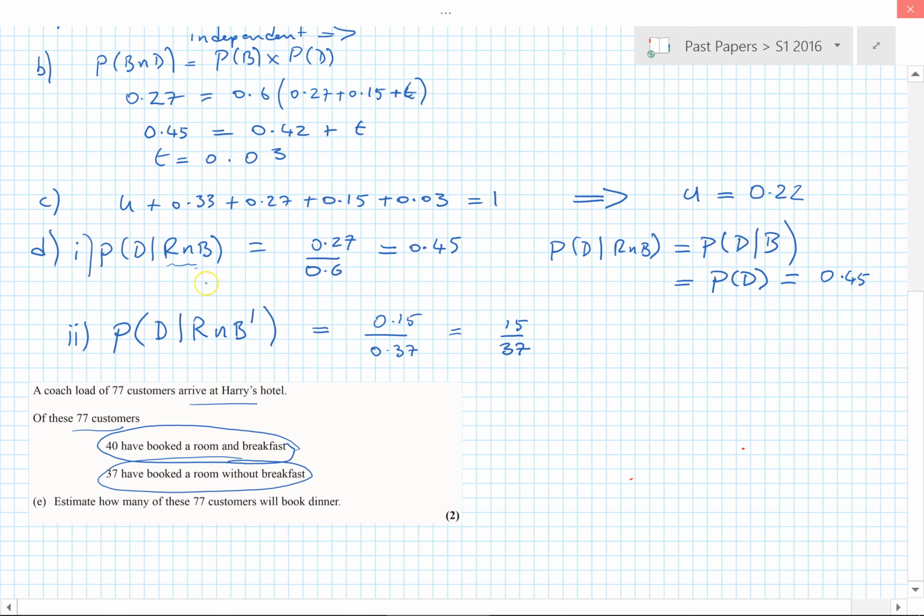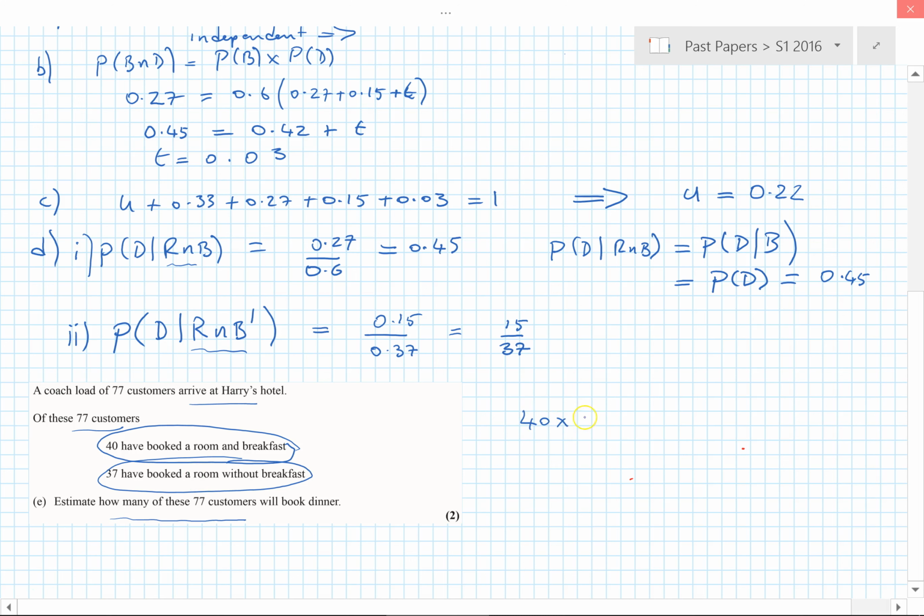Those are exactly described by these probabilities here. Estimate how many of these 77 will book dinner. So, for the ones that have booked a room and breakfast, 0.45 of those 40 will have booked dinner as an estimate.